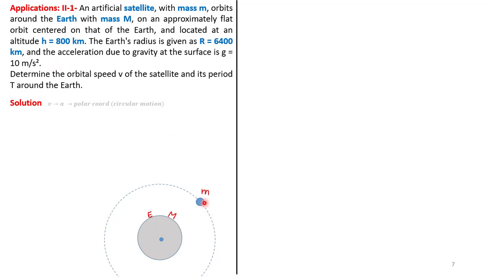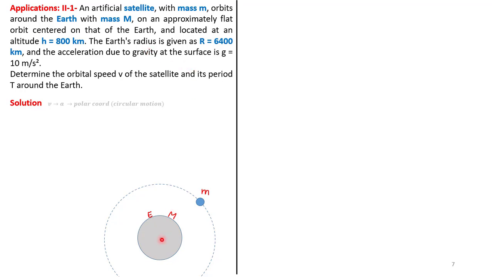So the satellite is at a height h from the surface of the Earth. So h is between the surface of the Earth and the satellite small m. The Earth's radius is given as r equals 6,400 kilometers.